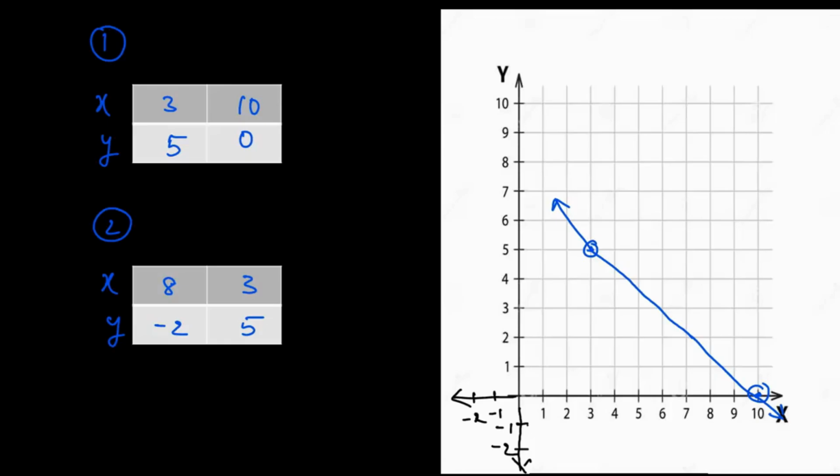Now here 8 comma minus 2. In the second equation 8 comma minus 2. It would be here. And 3 comma 5. 3 comma 5. We got the same.